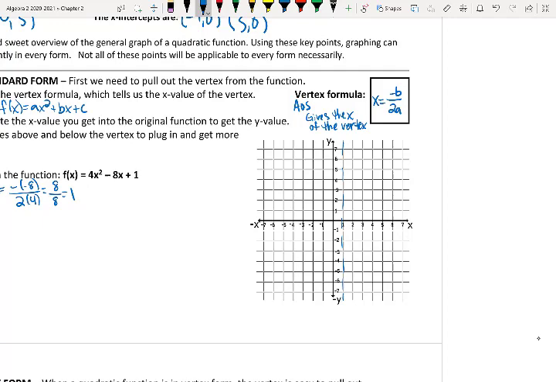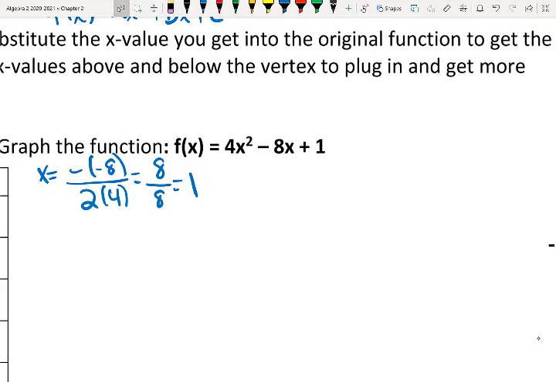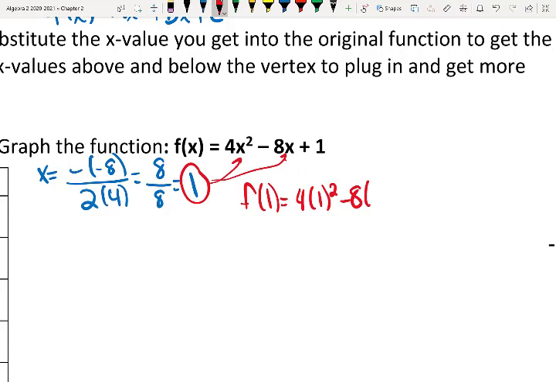Now once you know that, I still need to find where on that AOS my vertex happens. And we know if that's the x value, to find the y value, I just plug that number into my function. So here if I take this 1 and plug it in for x in my equation, f of 1 is 4 times 1 squared minus 8 times 1 plus 1.